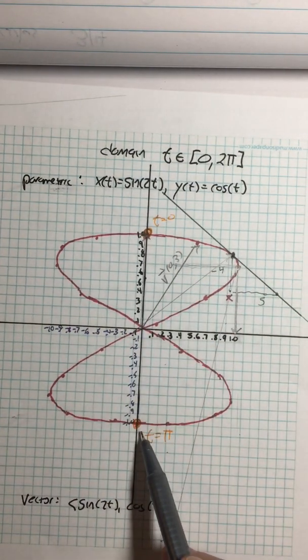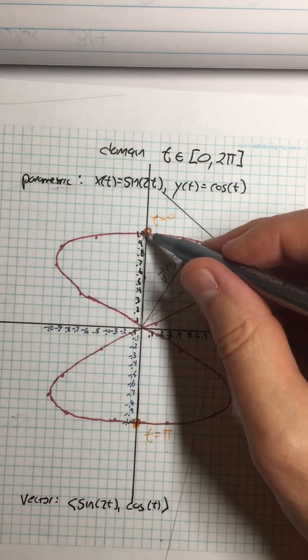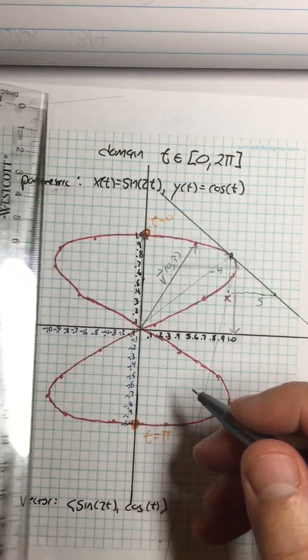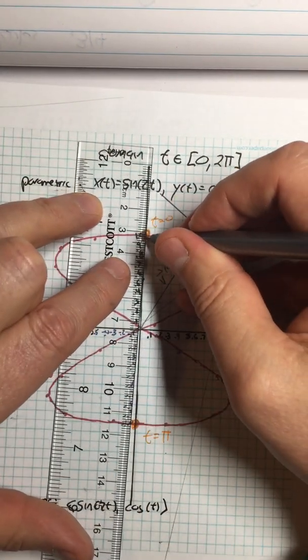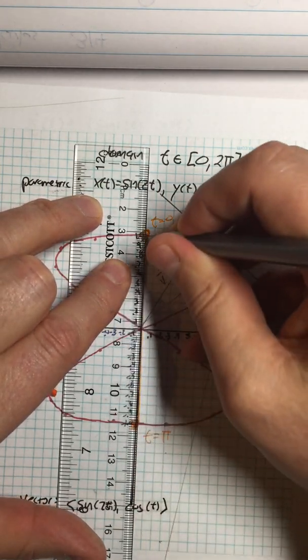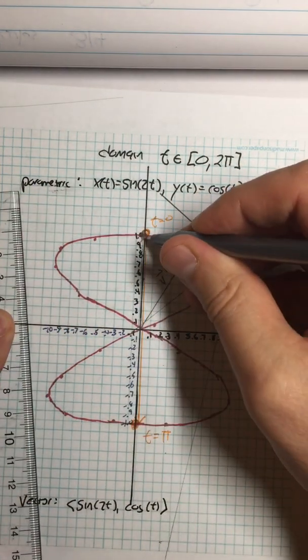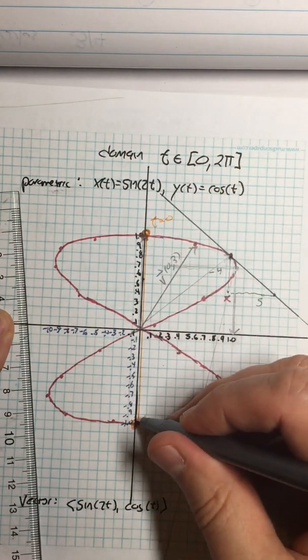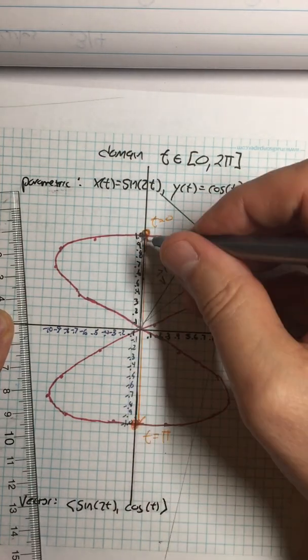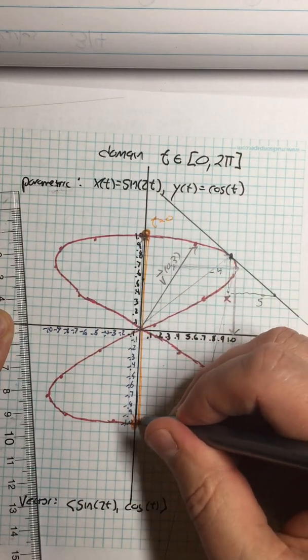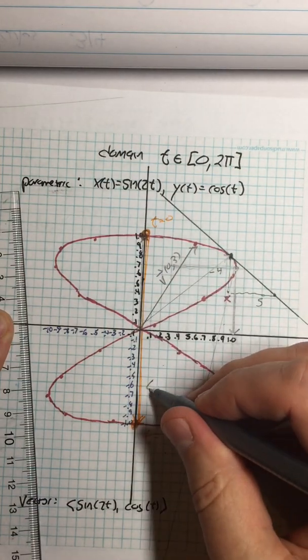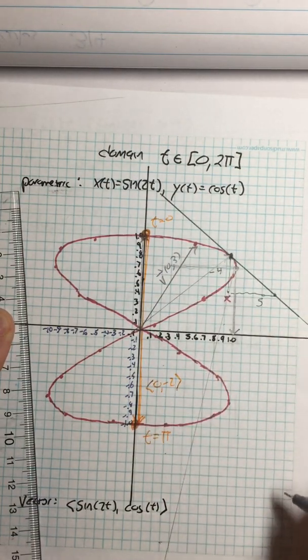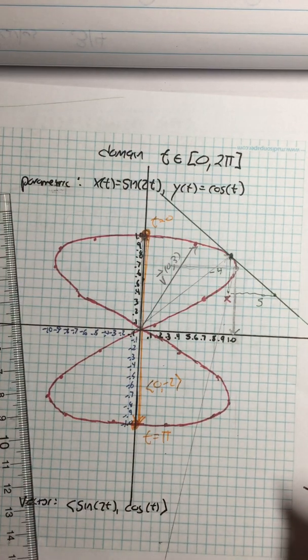So just going to here is pi. If I go from time 0 to time pi, what is my physical displacement? It's 0, negative 2, because I went down 2. This is 1, this is negative 1, so it went down 2. This is my displacement, 0, negative 2, from time 0 to pi.